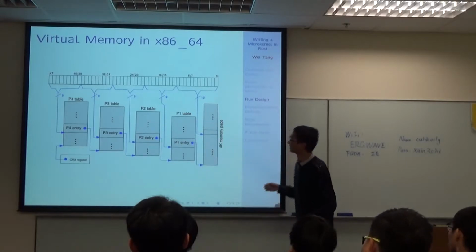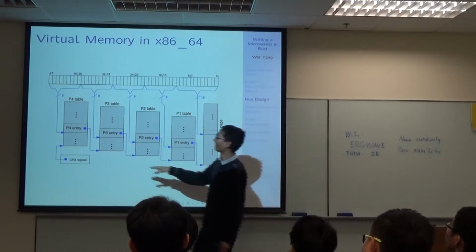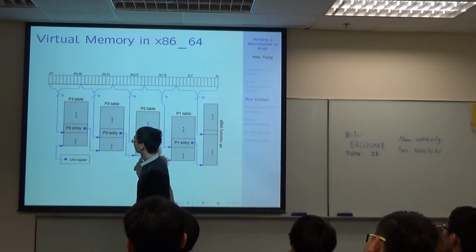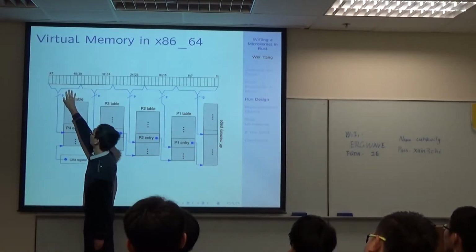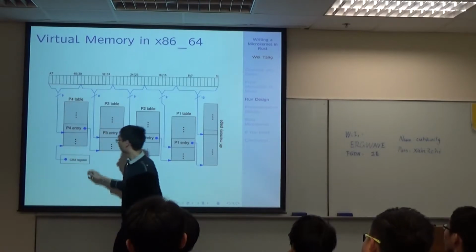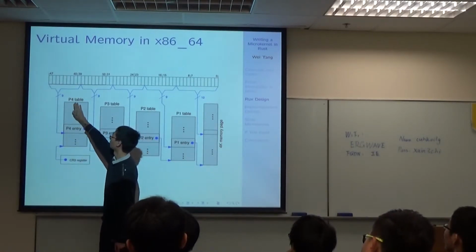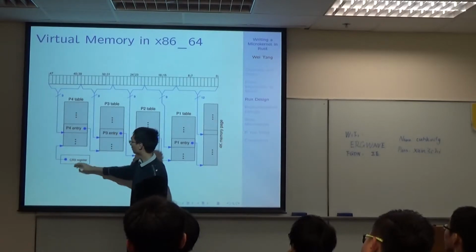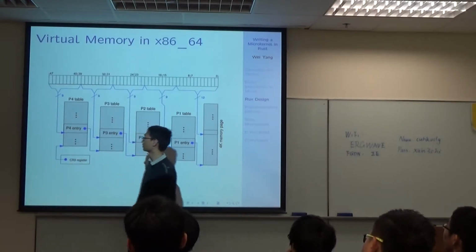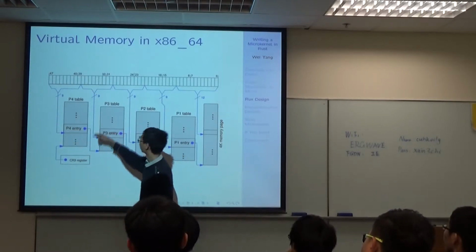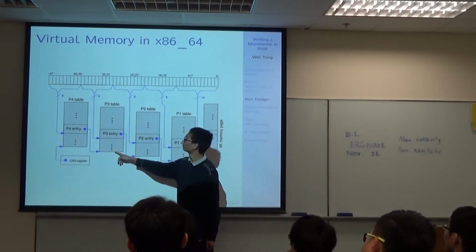I don't know why. But when you first get this address, the first 9 bits will refer to an entry in the P4 table. And the P4 table is fetched from this CR3 register. And when you get this P4 entry, it will refer to another P3 table.